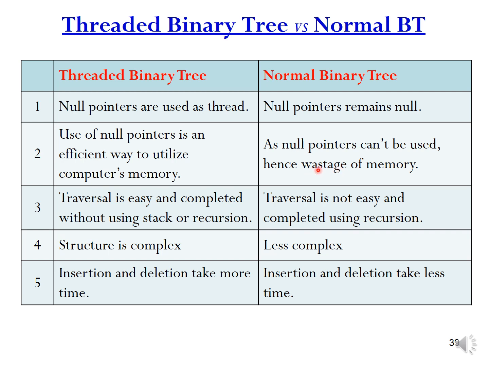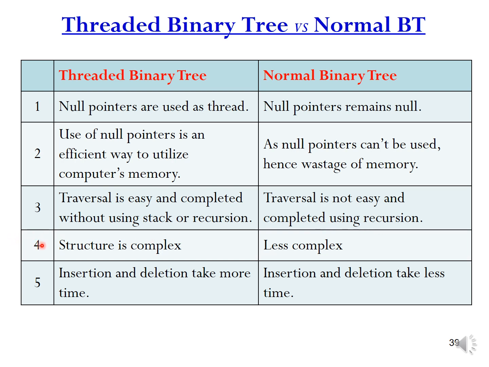This is an important point. Third, in a threaded binary tree, traversal is easy and completed without using a stack or recursion. But in a normal binary tree, traversal is not easy and is completed using recursion.